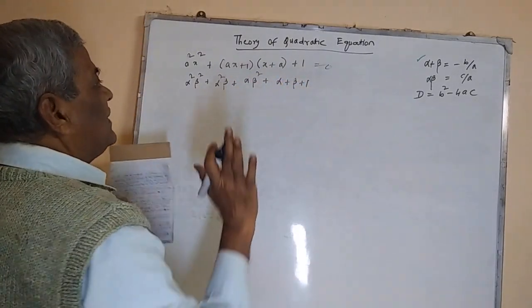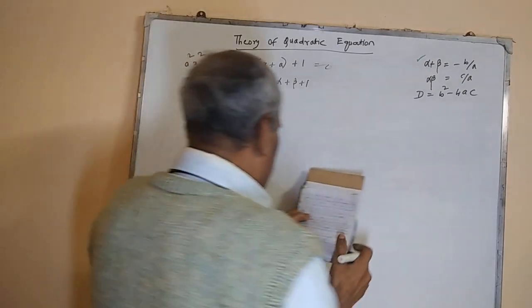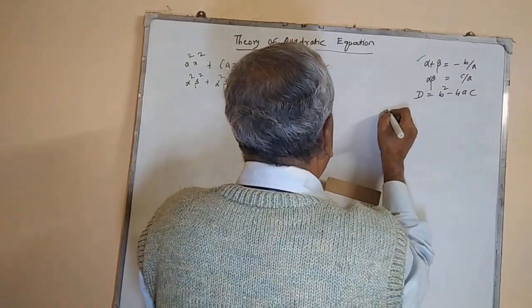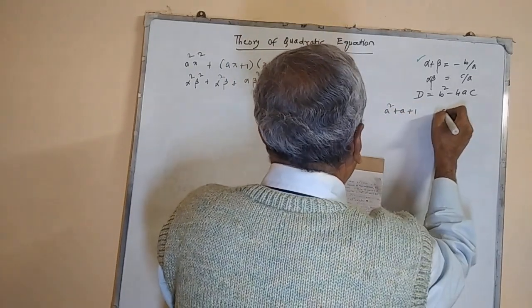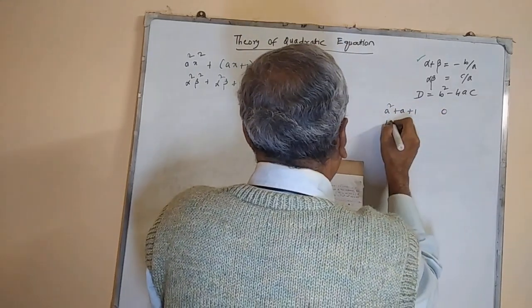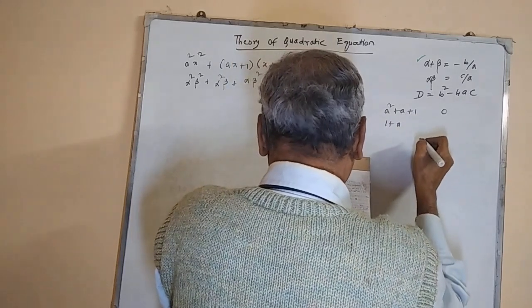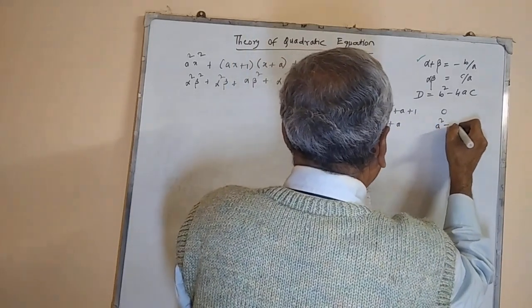The options are: first option is a square plus a plus 1, second option is 0, third option is 1 plus a, and fourth option is a square minus a plus 1.